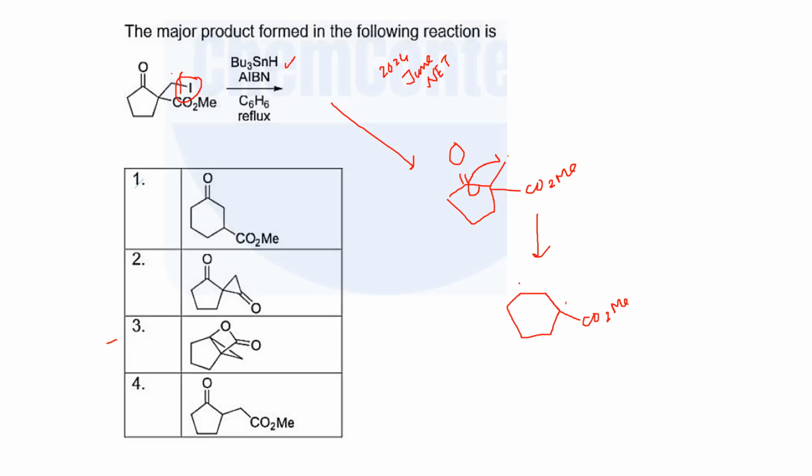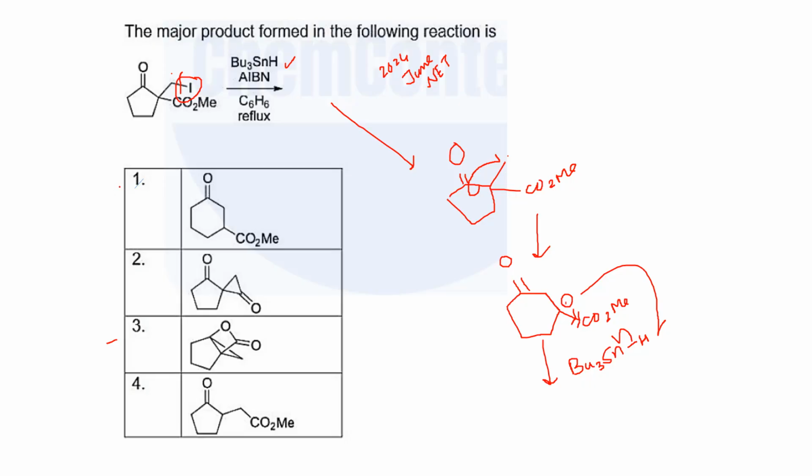What is the driving force for this ring bond migration? Due to the minus I effect of this CO2Me, this radical gets some stability. After that, from another molecule of Bu3SnH, we take an H dot radical from here.